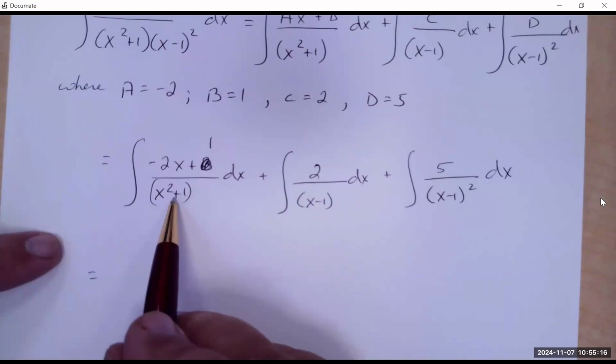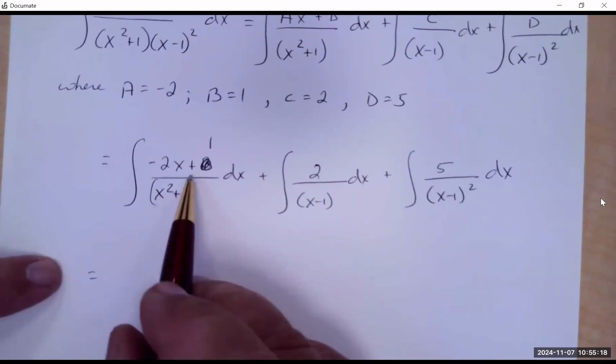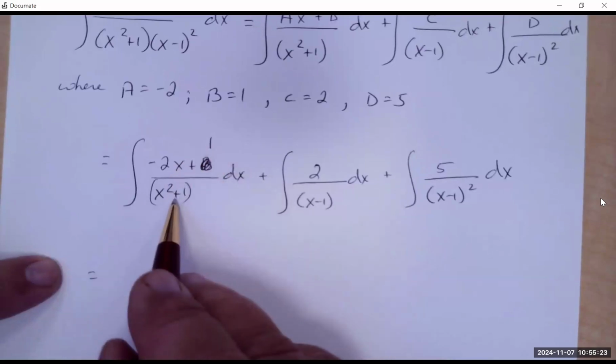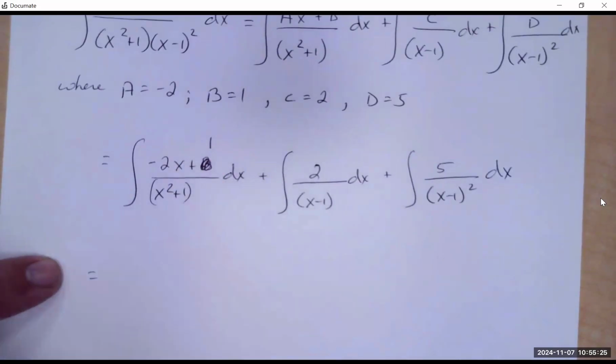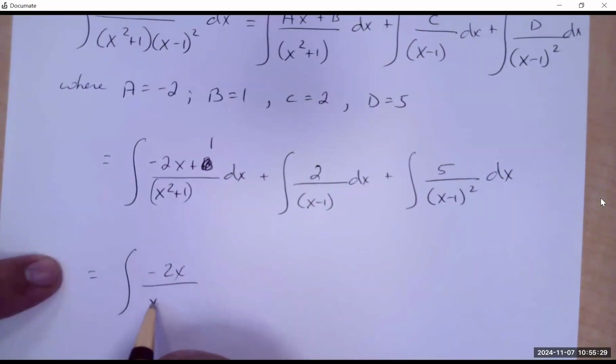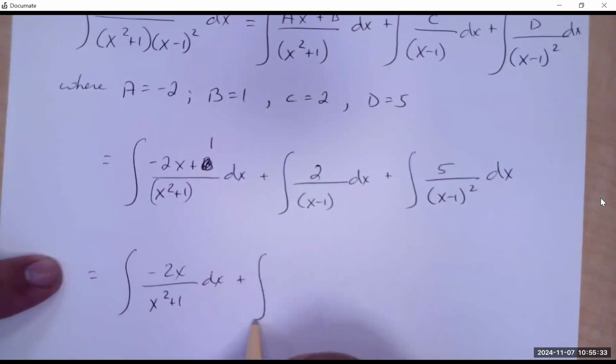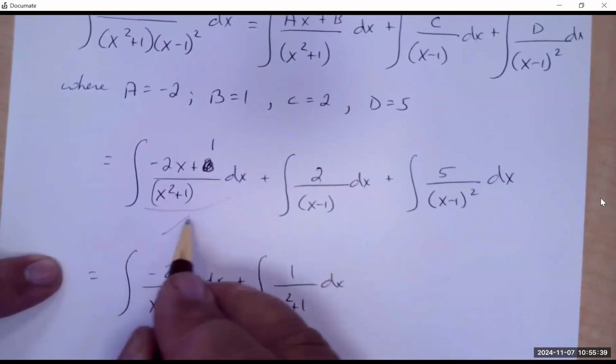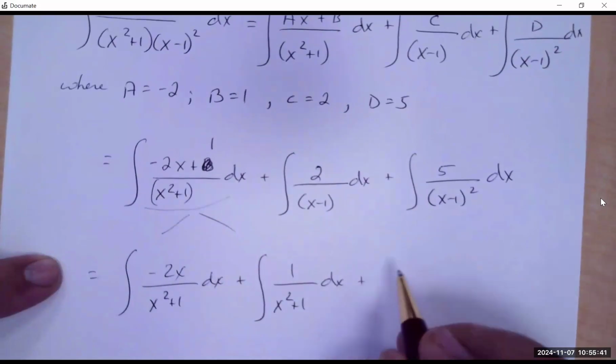Well, because it's a monomial on the bottom, we can split them up into -2x over that plus 1 over that. So that's broken into those two.